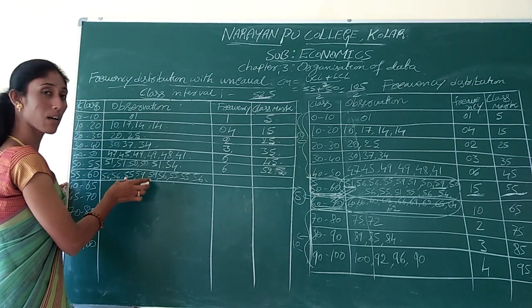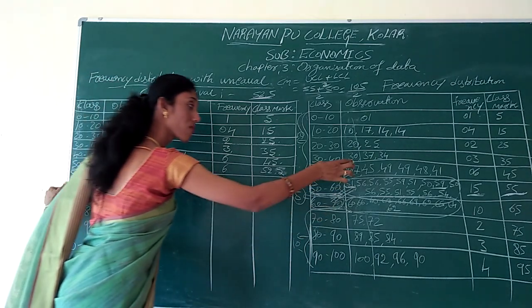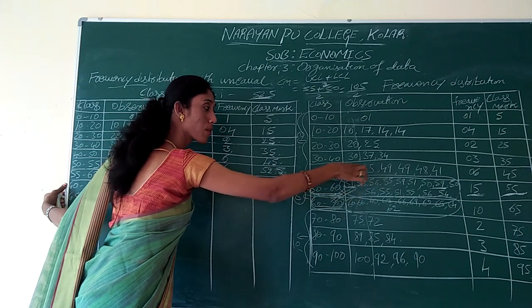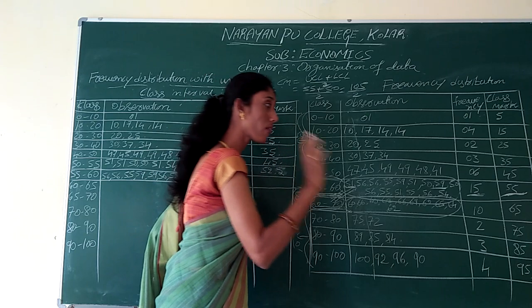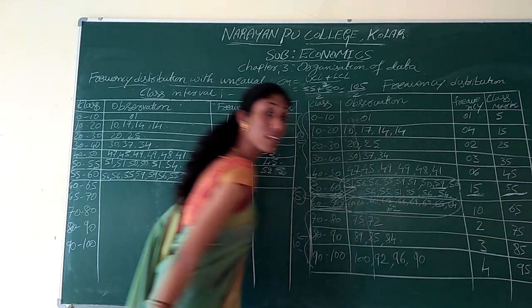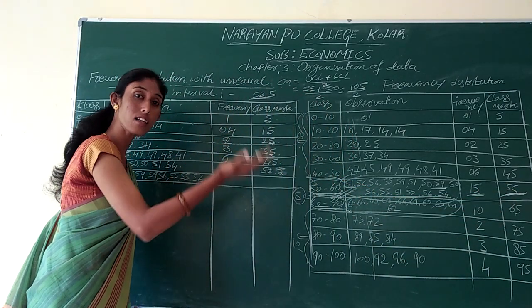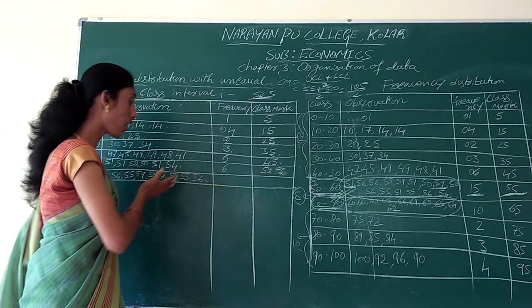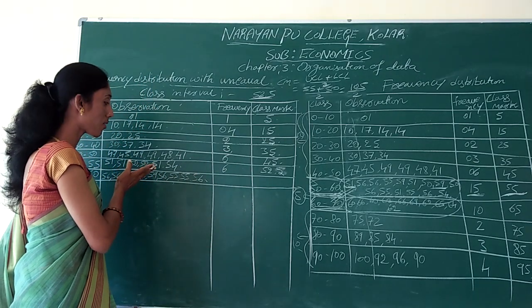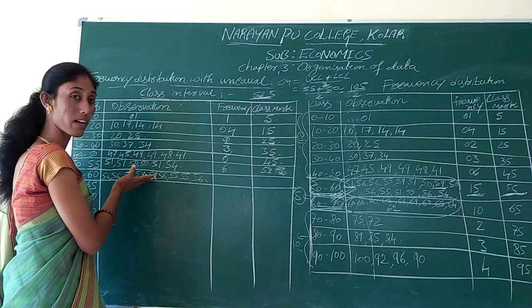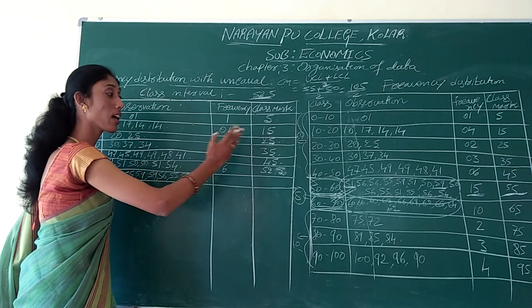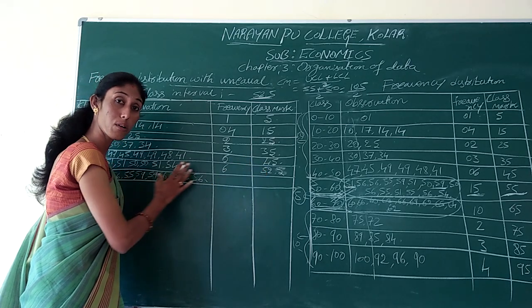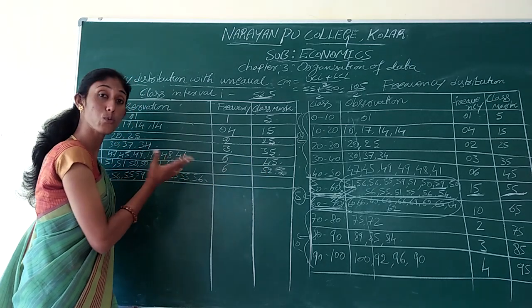See, observe now. Instead of making all this observation in one particular class, and we will show one value, that is 55 as a class mark even for the statistical analysis. Now, the entire values we have divided into two classes, and there will be a separate class mark to represent these values.